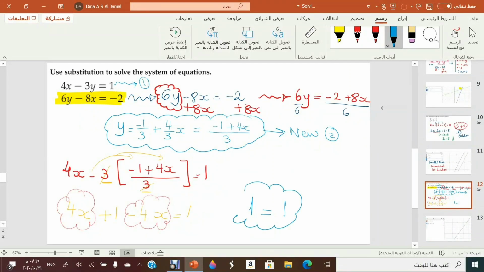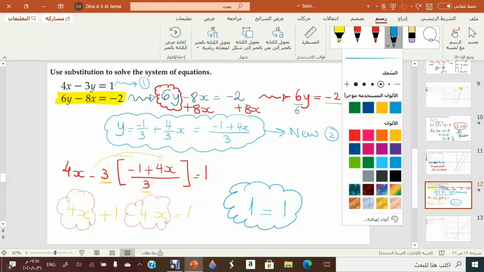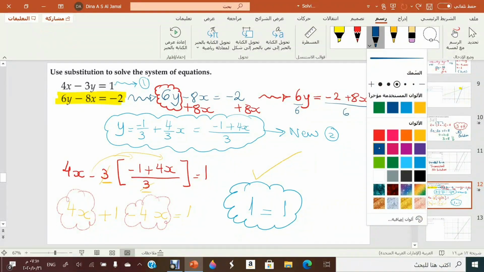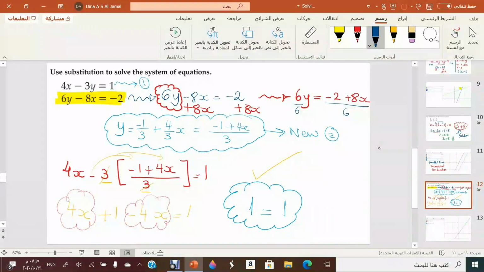Think of this statement. Is it equal to each other or not? So yes. That means whenever you are having the same value, it will give you many solutions. That means whatever value of x you are plugging in, it will be giving you the same solution. So you have many solutions for this system, an infinite number of solutions.